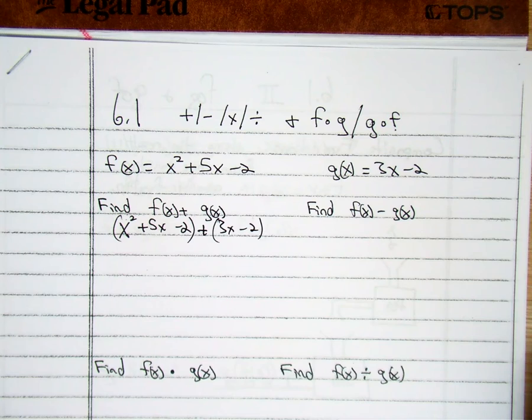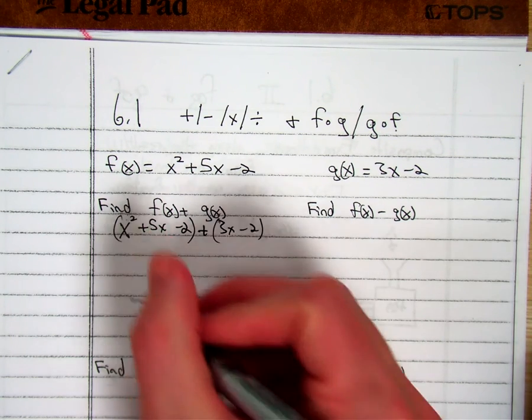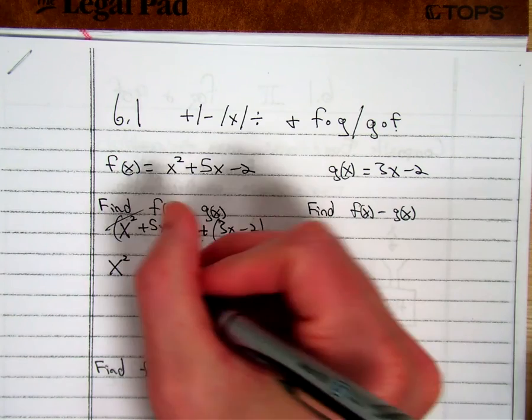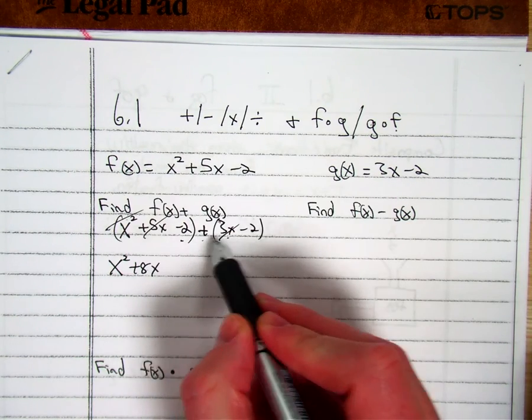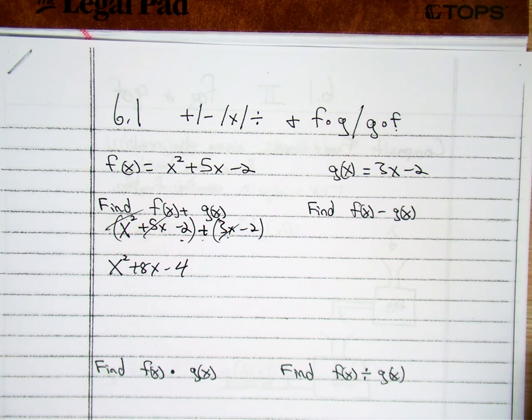Looking to combine. It's a plus, so we don't have to do anything different to the second one. There are no other x squareds. 5x plus 3x, we get plus 8x. A minus 2 and another minus 2 is a minus 4. That can be tricky if you go too fast. You might think those cancel out.